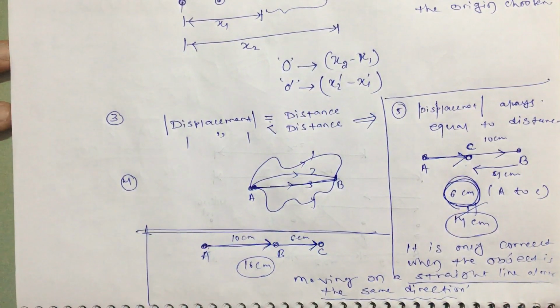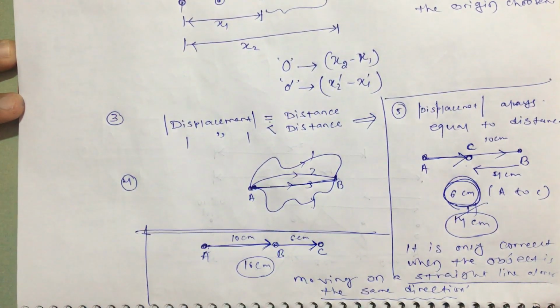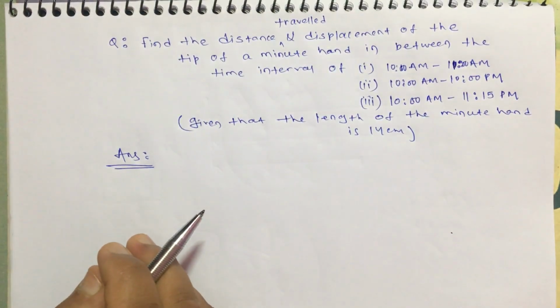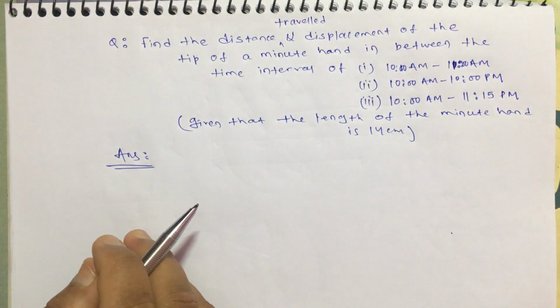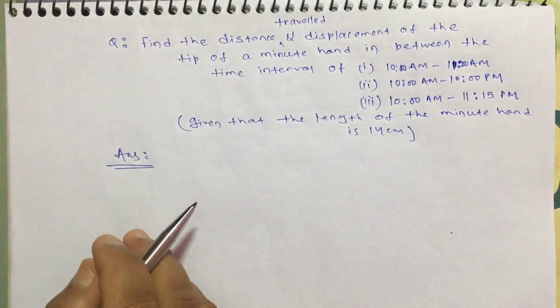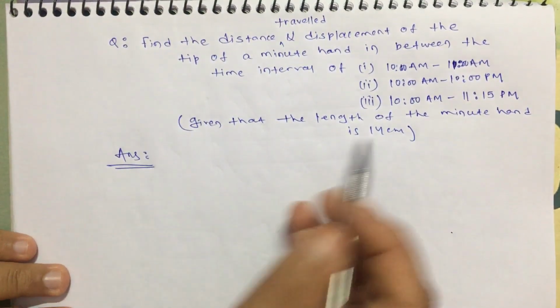Okay. Now let us solve some numericals to understand this concept more clearly. So this is the question. There is a clock, and you have to find the distance travelled and the displacement of the tip of the minute hand between these three time intervals. It is also given that the length of the minute hand is 14 centimeter.